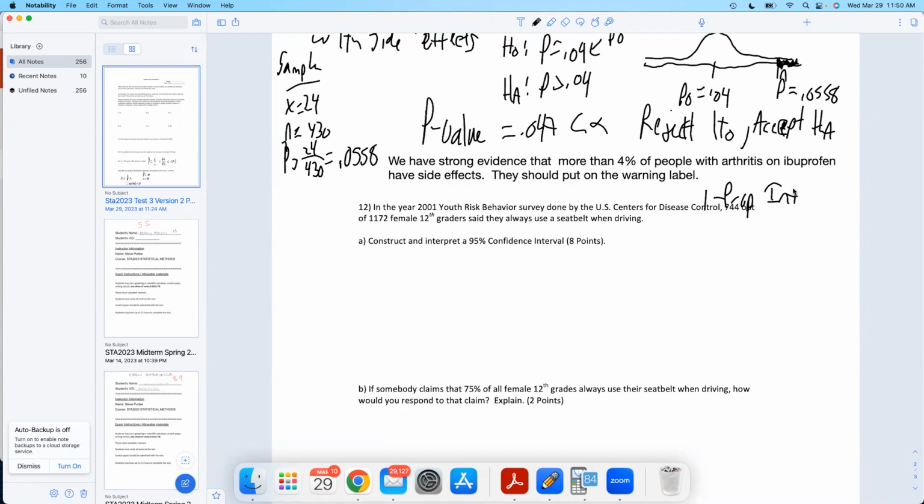Okay, we got to define our variable. Required step. Let P be the proportion of, and like I wrote this before I even finished reading the question, of what? 12th graders that always use their seatbelt. My population is 12th graders.